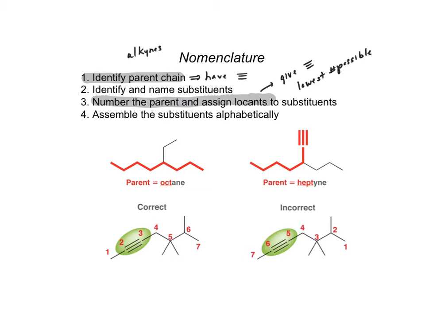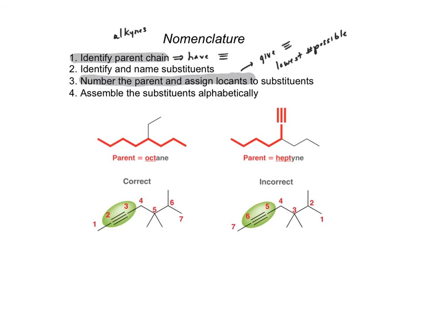So we'll start from wherever the closest triple bond is? Yeah, we're going to number the chain so that the triple bond gets the lowest number possible, okay? Even if there was a substituent in numbering the other way, it doesn't matter, we're going to give the triple bond the lowest number.